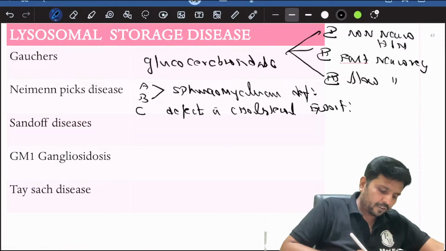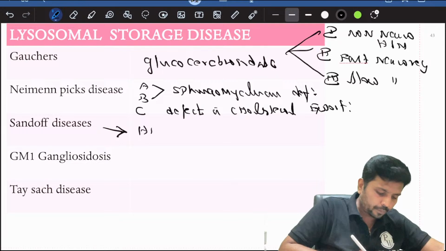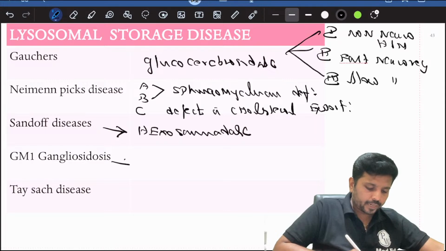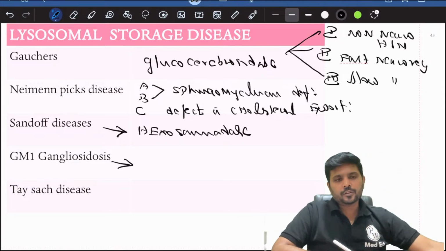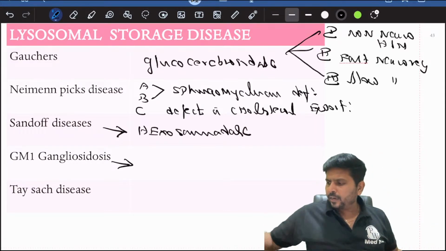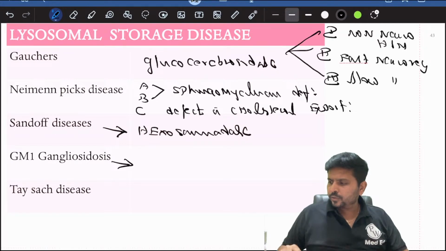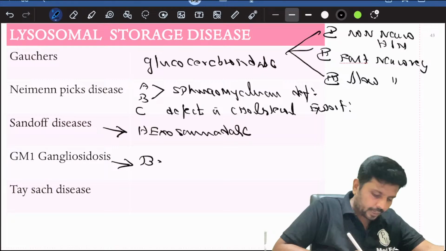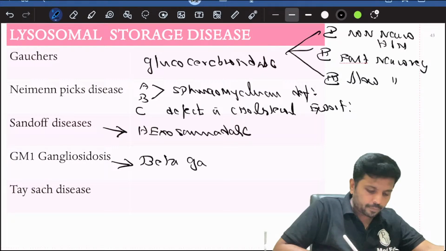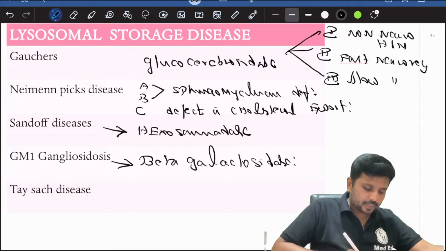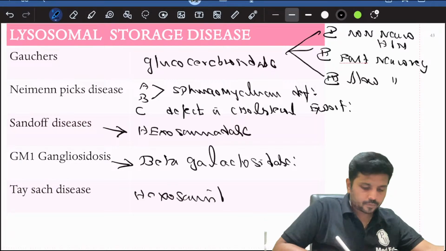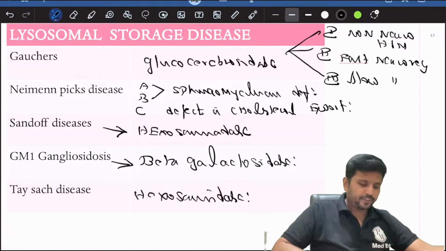Sandhoff disease is mainly due to hexosaminidase deficiency. GM1 gangliosidosis is mainly due to beta galactosidase enzyme deficiency. Tay-Sachs again is hexosaminidase enzyme deficiency.